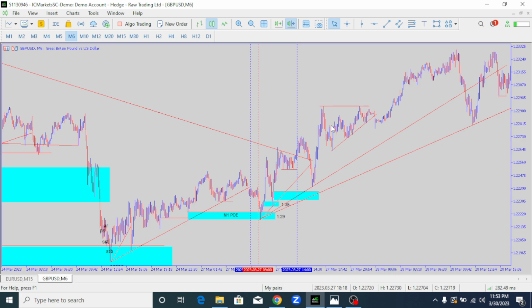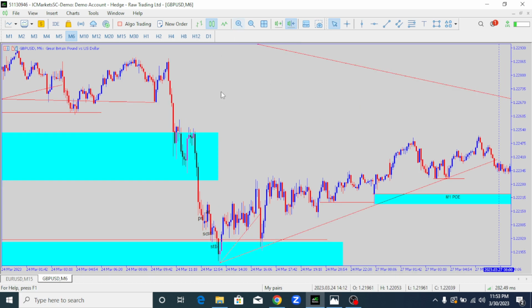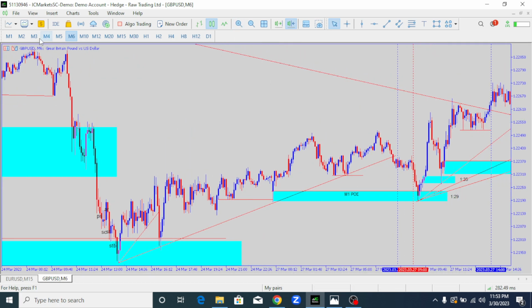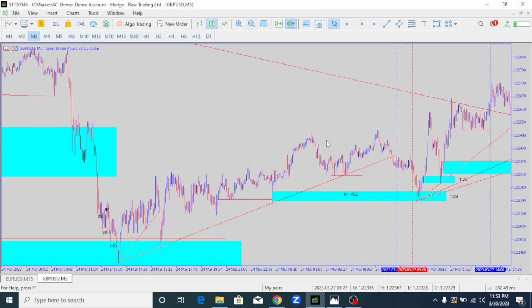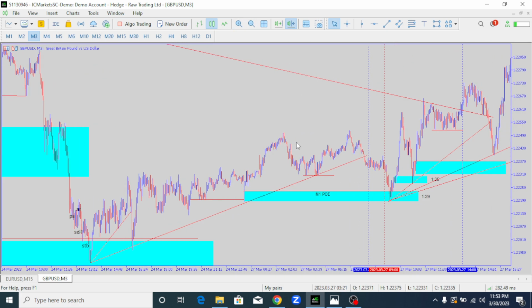And another thing, I do get trades like this, and most of my trades are common, guys. It's trend line manipulation. But sometimes I do enter, let's say I enter around this area and I get swept before the price continues.